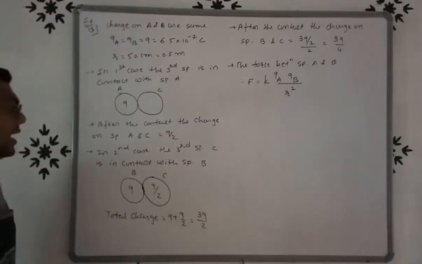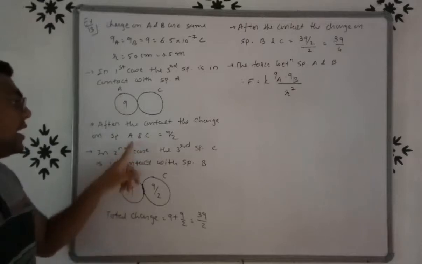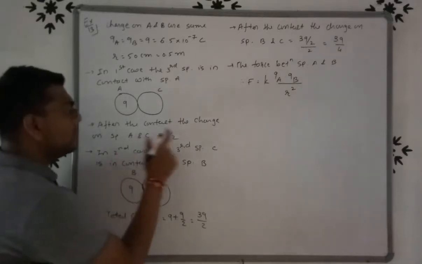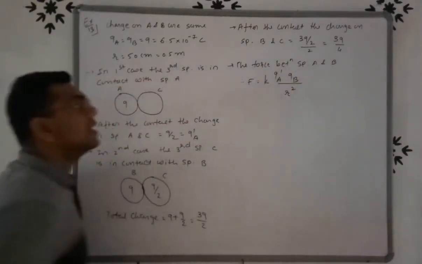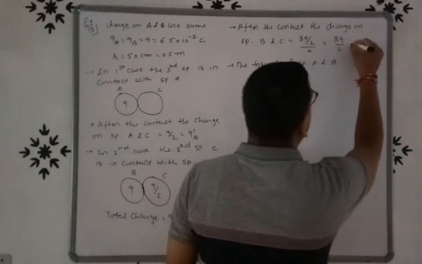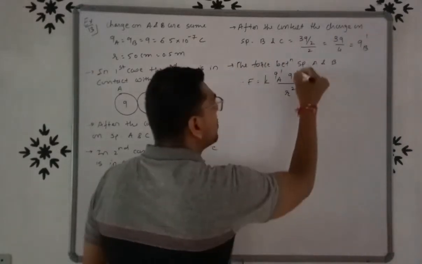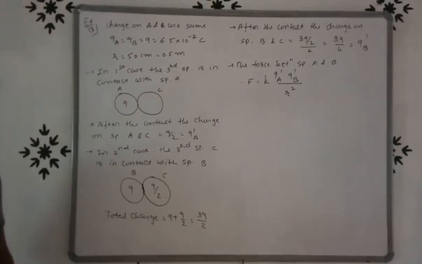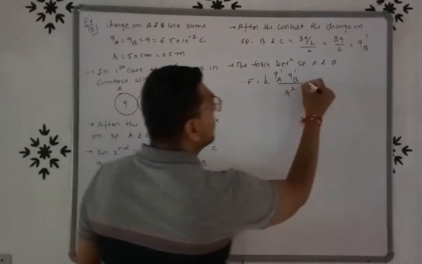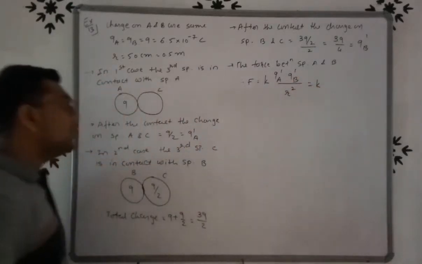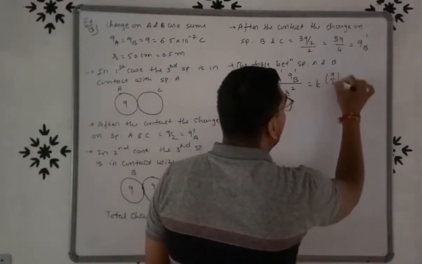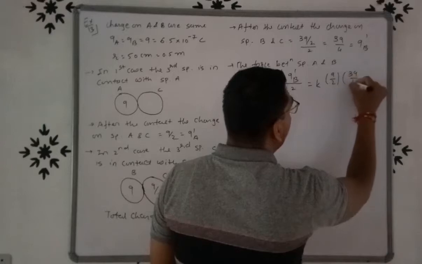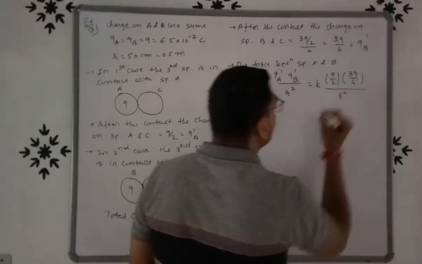So after the contact, the charge on sphere A is QA dash and on B is QB dash. After the contact, K as it is, QA dash is equal to Q by 2, and QB dash is equal to 3Q by 4, divided by R square.